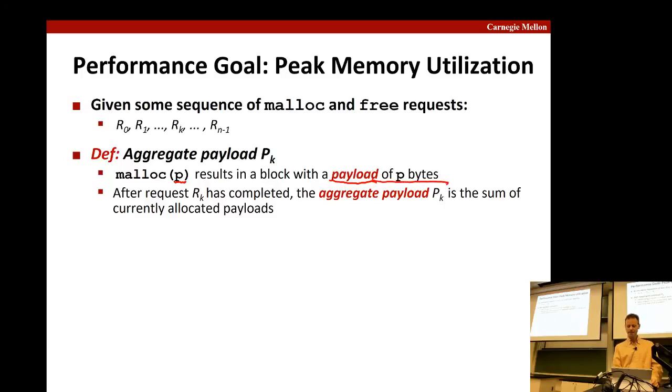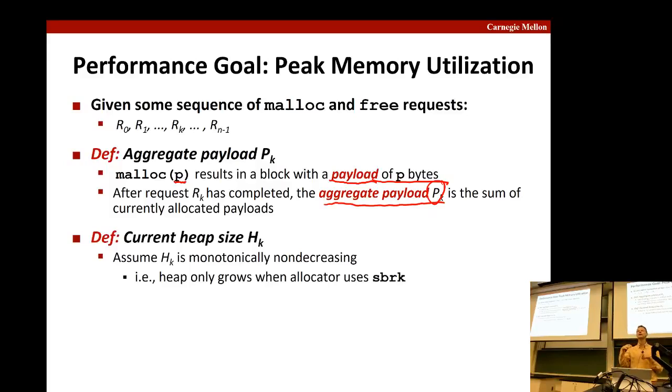And then at any point in time in the sequence of mallocs and frees, we can talk about the aggregate payload, which is just the sum of all the things that are still allocated. Some things have been freed, I don't count those, but the ones that are still allocated, I sum up their payloads. And after k requests, I'm going to call that P_k.